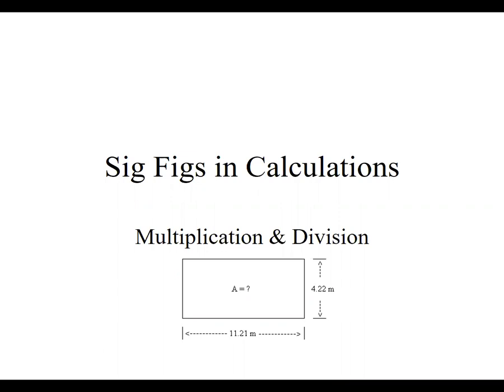I want to know, if I build a fence around that, how much area is enclosed inside the fence? Well, you may know that area is calculated by multiplying length by width. So you could take those 2 numbers, 11.21 and 4.22, and multiply them together in a scientific calculator and see what you come up with.